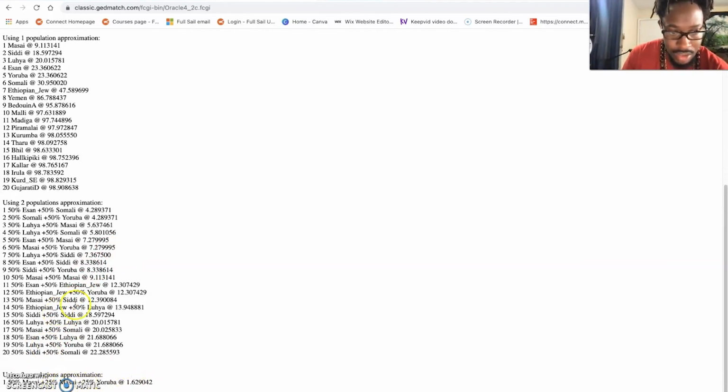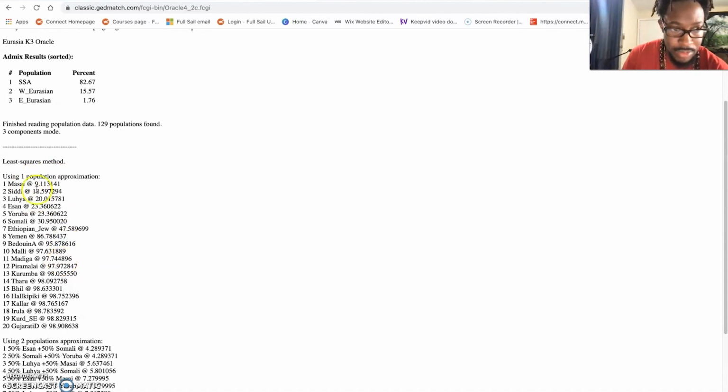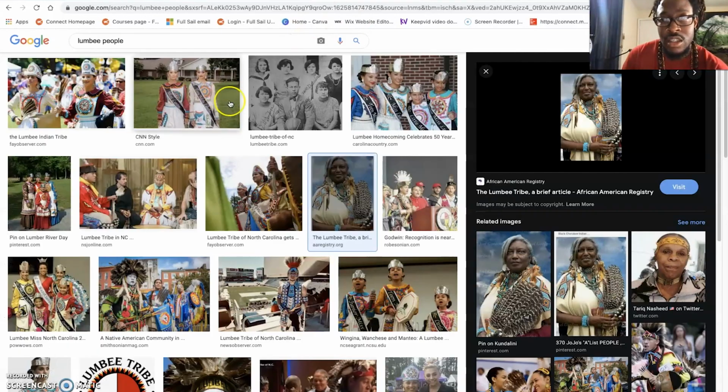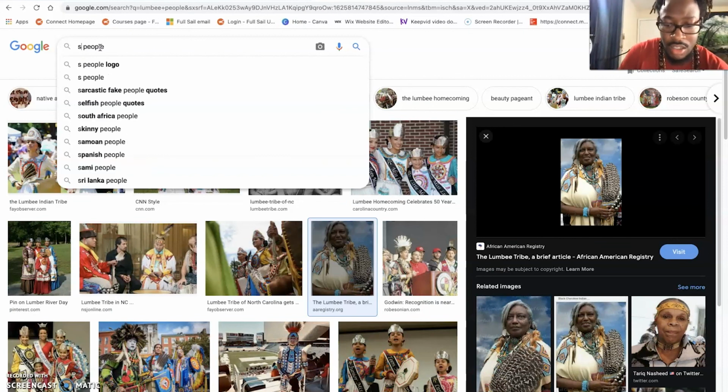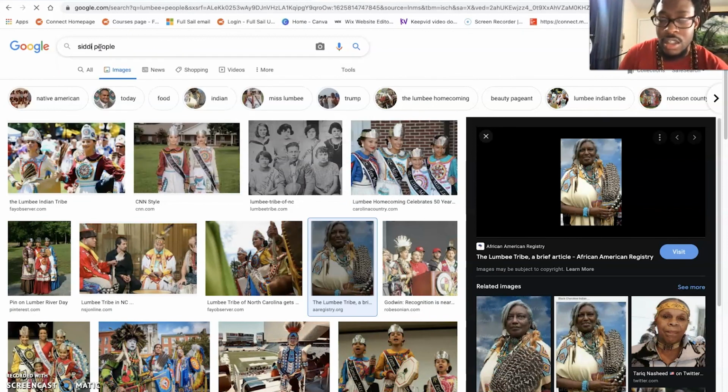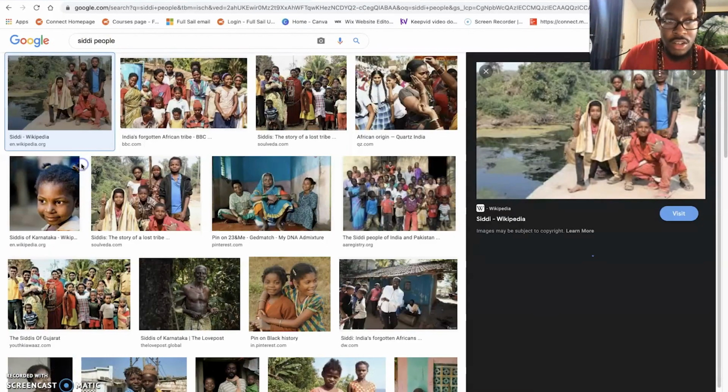Masai, Yoruba. So even though this is not really the good one, the accurate one, I'm still showing you because up in India you have the Siddis, and we share a lot of DNA with the Siddis. So if you don't know who the Siddis are, here they go.